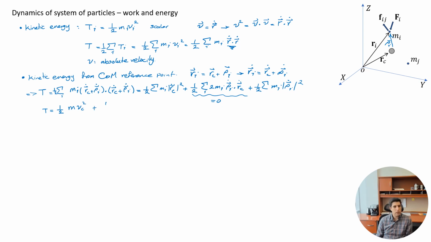And the last one is 1/2 summation mi rho dot i squared, which is kinetic energy of center of mass, as if we concentrate the entire mass into one point, the center of mass, and the movement of that, plus kinetic energy of internal motion.